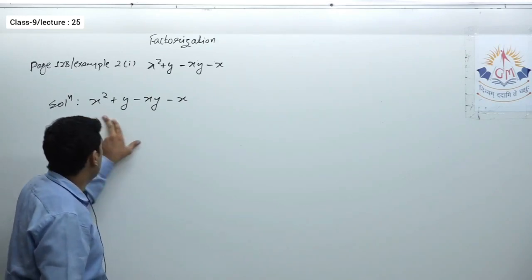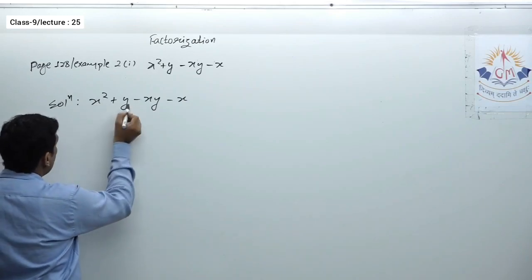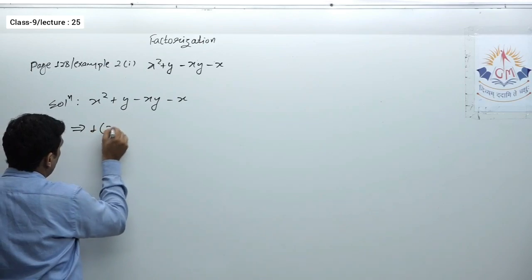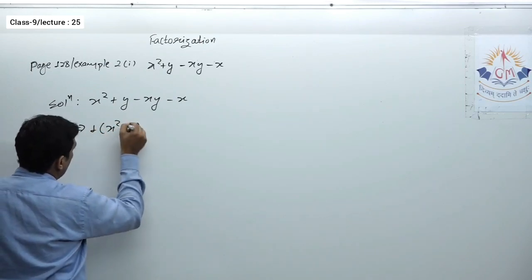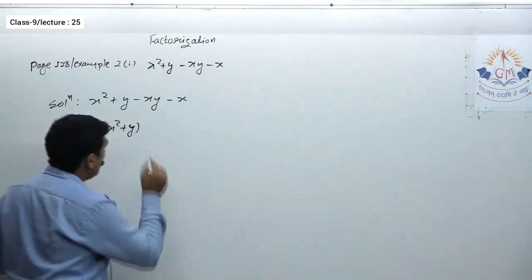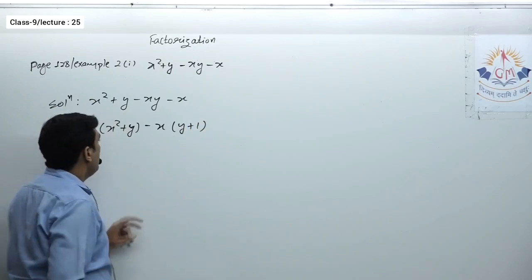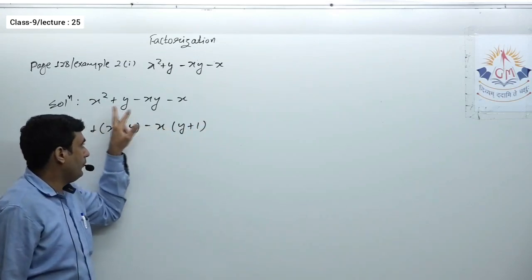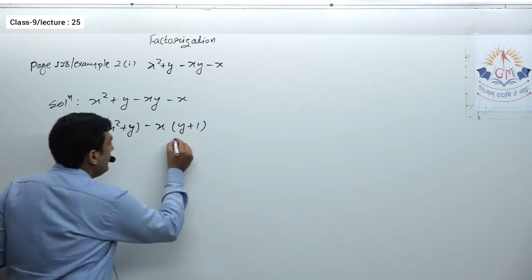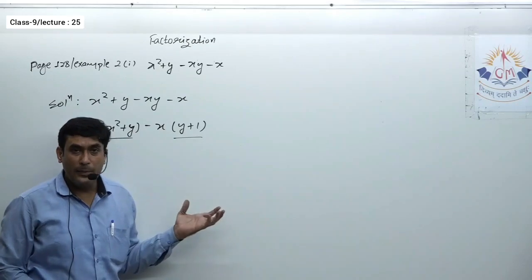Now if I try to take something common from the first two, although there isn't any variable that can be taken common, definitely I can take one common. So let us say I took one common. Now from these two, what can I take common? Minus x. So here I will get y plus 1. See, it is possible to take common from first two and from next two, but whenever you take this type of common, these brackets must contain the same expression.